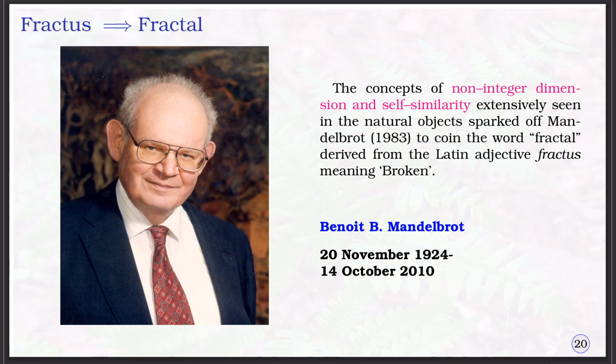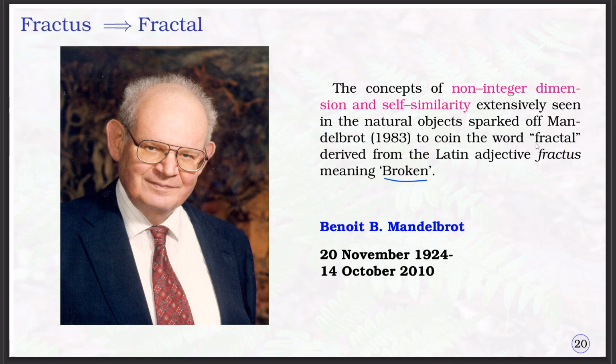Based on that, the concept of non-integer dimension and self-similarity extensively seen in natural objects sparked Mandelbrot to coin the word fractal, derived from the Latin adjective fractus, meaning broken or fragmented.